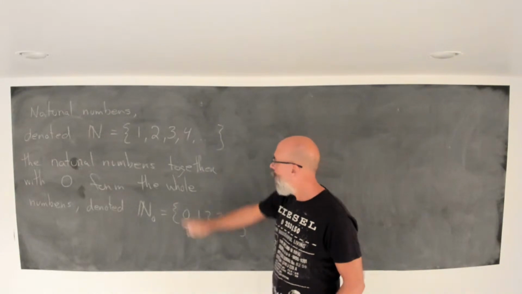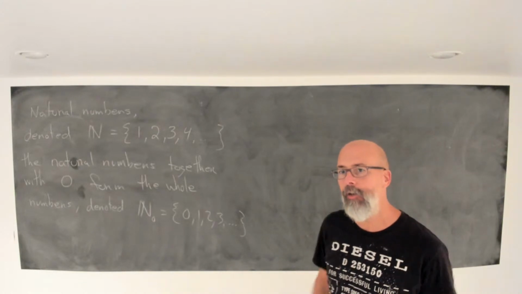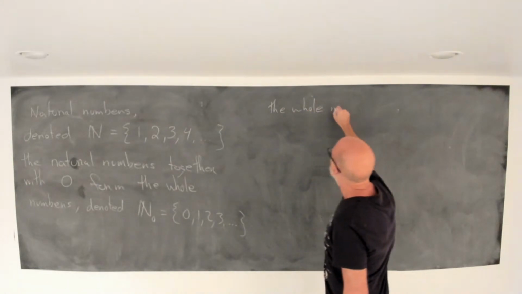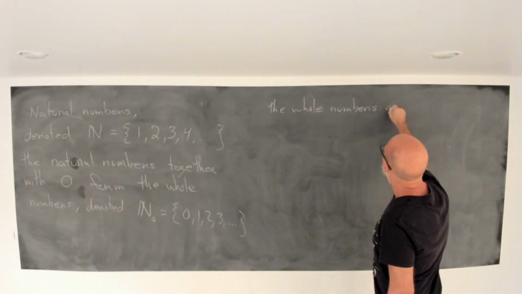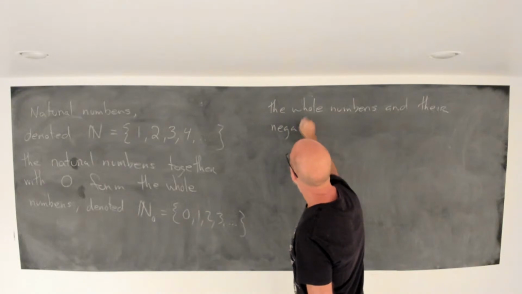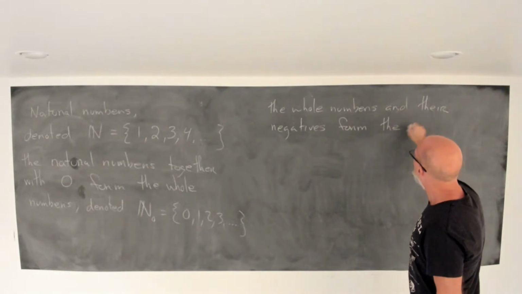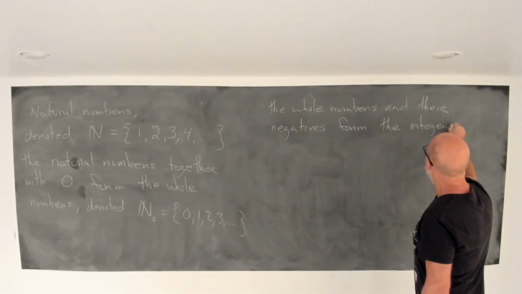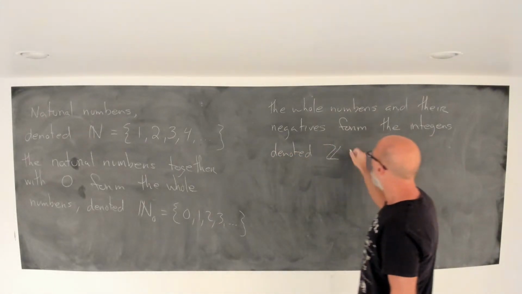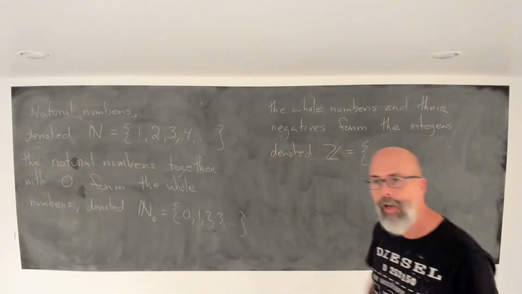So natural numbers, whole numbers. If you take the whole numbers and their negatives, they form the integers, denoted with a Z, right? So all of these and all their negatives.